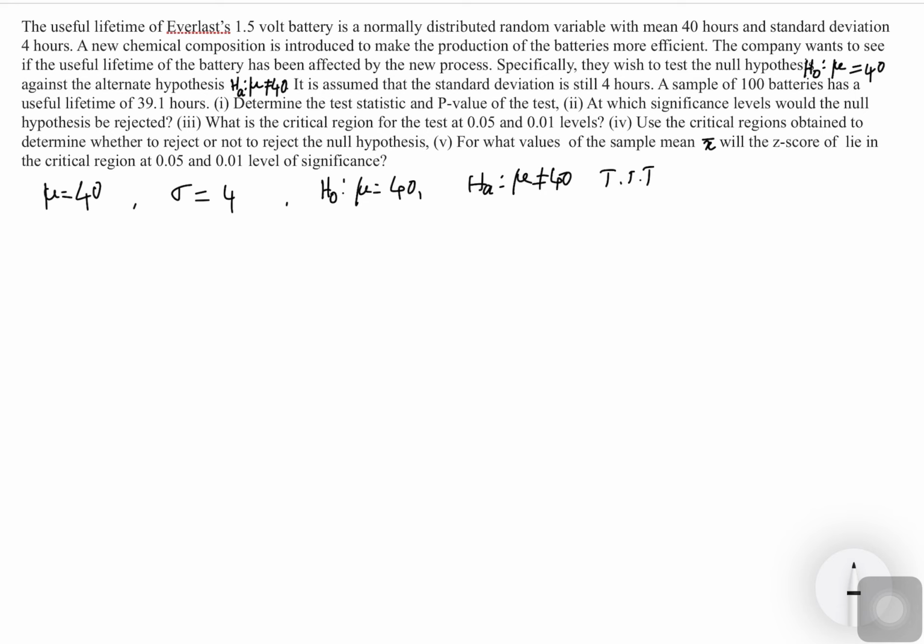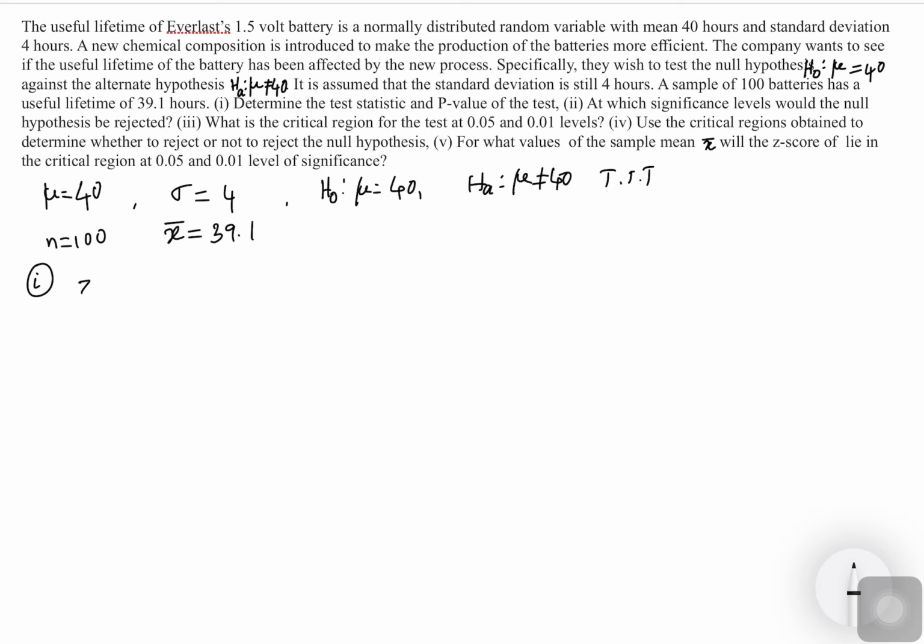A sample of 100 batteries, that is n is equal to 100, has a useful lifetime of 39.1 hours. So that is the sample mean. X bar is 39.1 hours. In the first question, they are asking us to determine the test statistic and the p-value of the test. Okay, so that means we need to find the z.